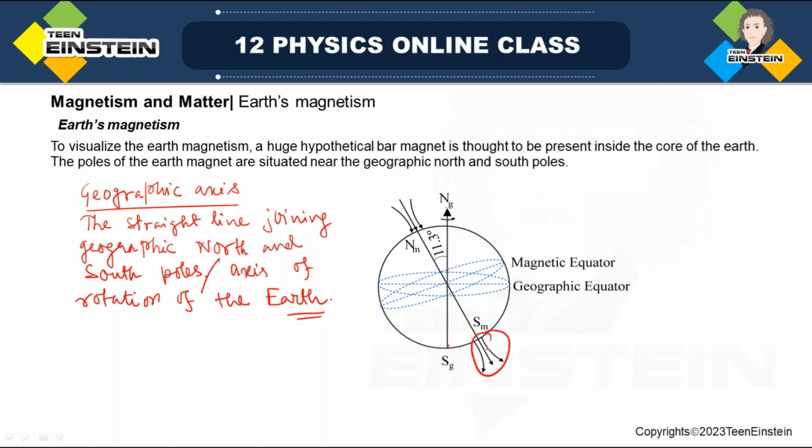But you look at these field lines. These field lines are emerging out from the south pole, which is not possible. So that's why this particular pole is called north seeking. This is actually the south seeking pole. That's why it is given. That means this must be the north pole of the earth magnet.